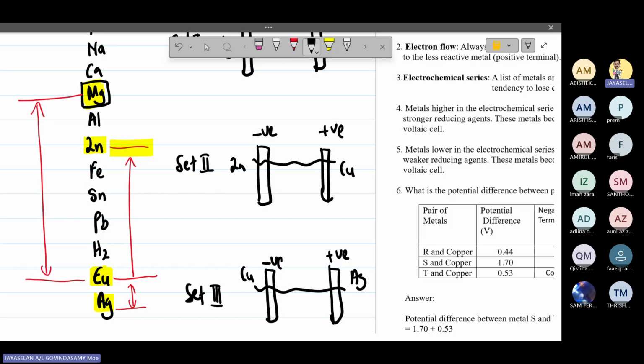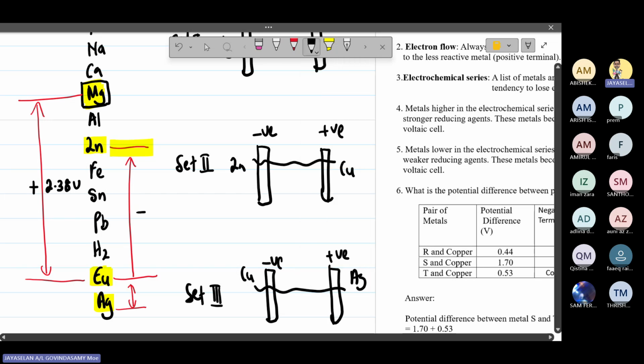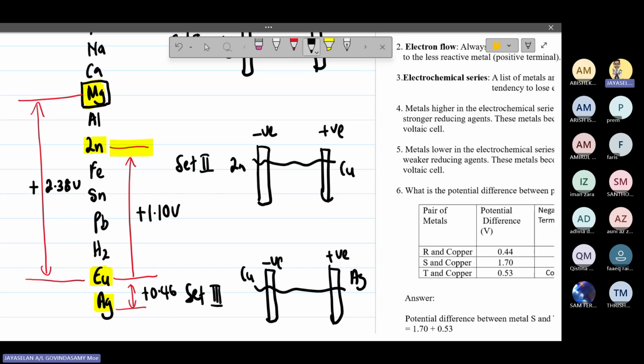Jarak dia semakin tinggi, the voltage produced adalah higher. When the distance between the pair of metals in electrochemical series is further apart, the voltage produced ini 2.38 volt. Positive 2.38 volt. The second one, zinc and copper, maybe positive 1.10 volt. And the last one is positive 0.46. Dia punya voltage akan lebih rendah.